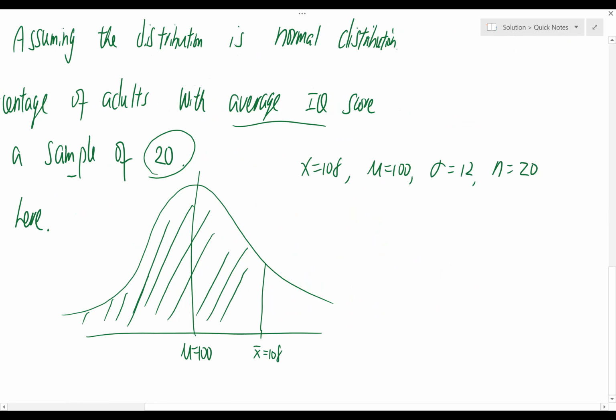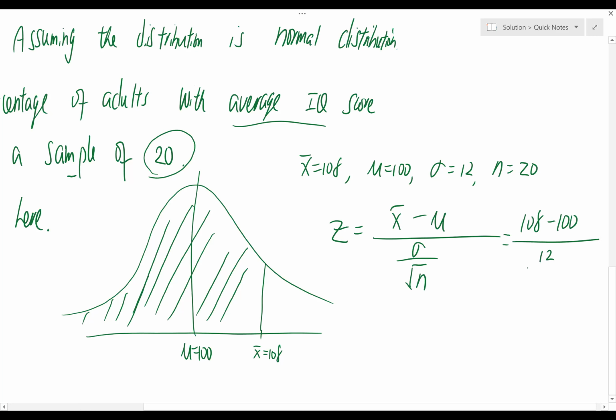They are all relevant. So now the z-score is equal to the sample mean minus the population mean, dividing by the population standard deviation over square root of sample size. So it's slightly different. The sample mean is 108, the population mean is 100, and the standard deviation is 12 over square root of 20.